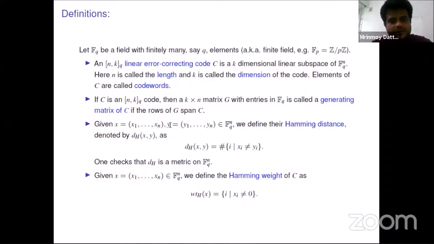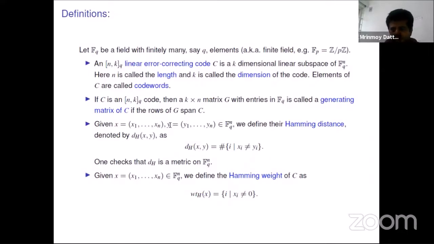Now suppose that there are two vectors, or codewords, in F_q to the power n. After all, F_q to the power n is also a code. So let us call the vectors codewords from now on. Suppose I take two codewords. The first one is given by n coordinates x1, x2, ..., xn; let me call it x. The second one is y1, y2, ..., yn; we call it y.